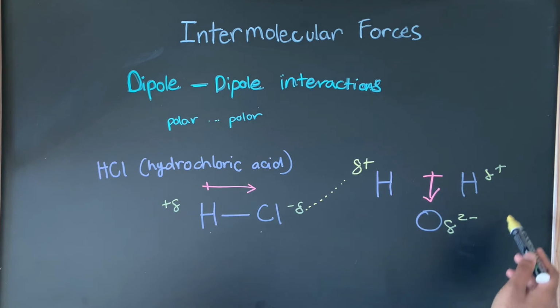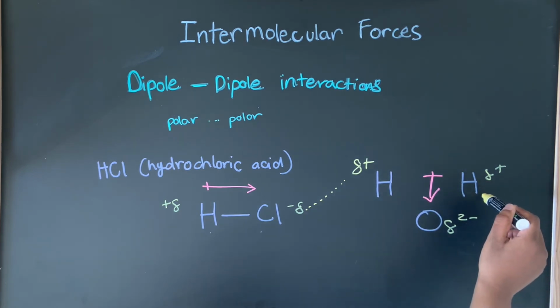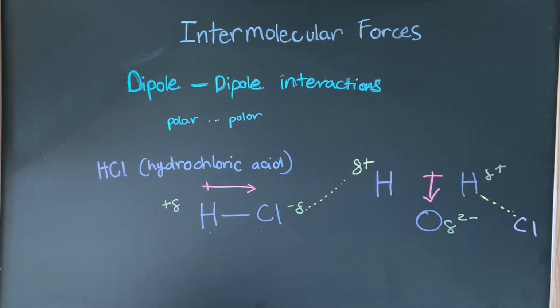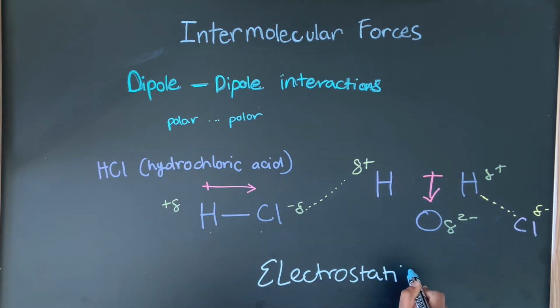And if there was another HCl over here, then the hydrogen would be attracted to that other slightly negative chlorine. So the larger the dipole moment, the larger the attractive force. So dipole-dipole forces are electrostatic.